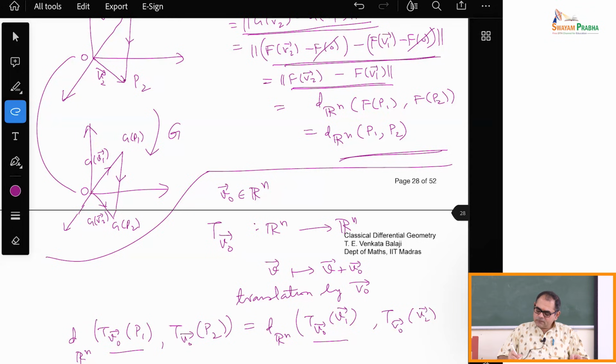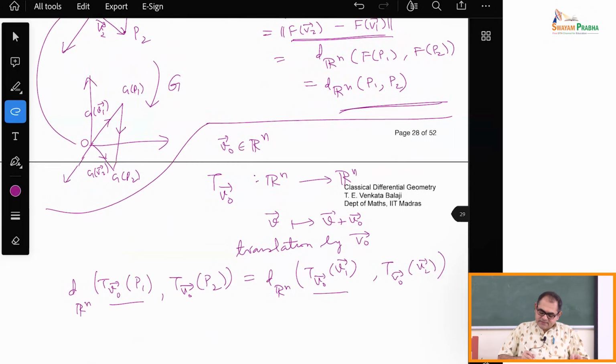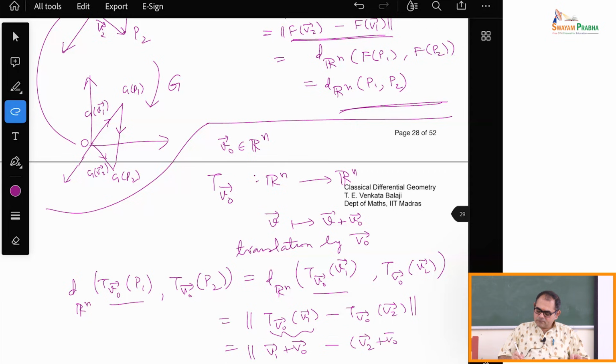Okay, all right, and then if you write it in vector notation, this is just the norm of the difference of the two vectors. So it's going to be T V naught V1 minus T V naught V2. Okay, but this is just addition of V naught, so this is going to be V1 plus V naught minus V2 plus V naught.